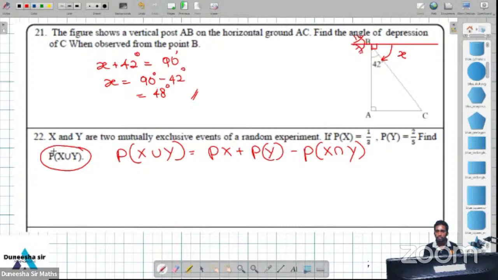Mutually exclusive means no intersection; the intersection is 0. Can you find P of X union Y? Probability of X union Y.